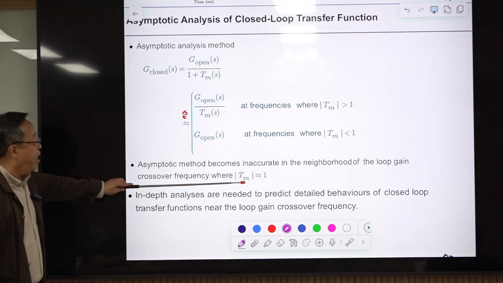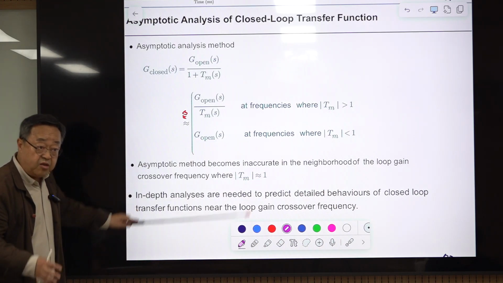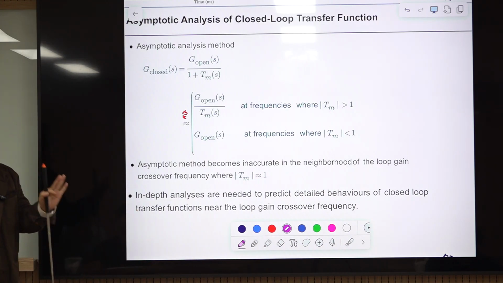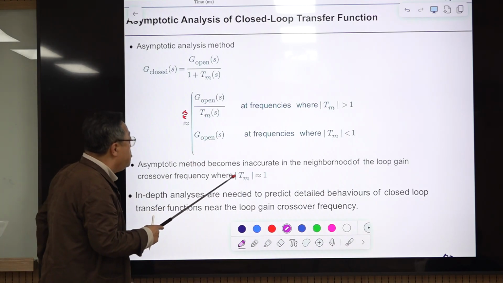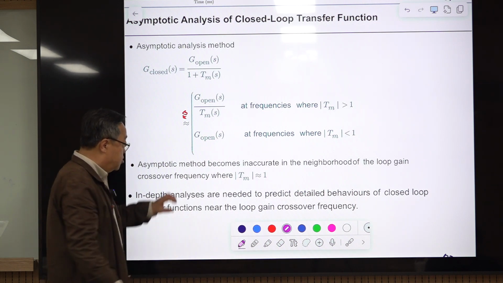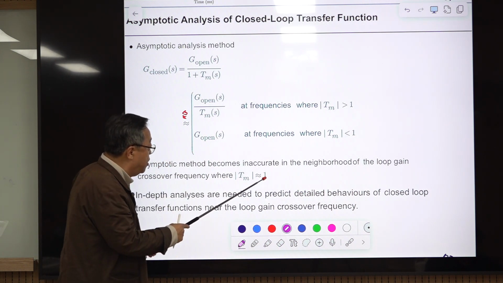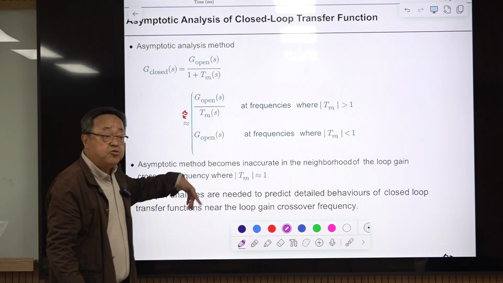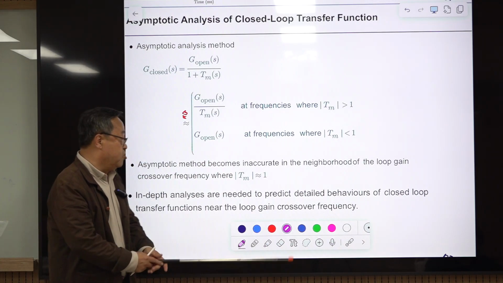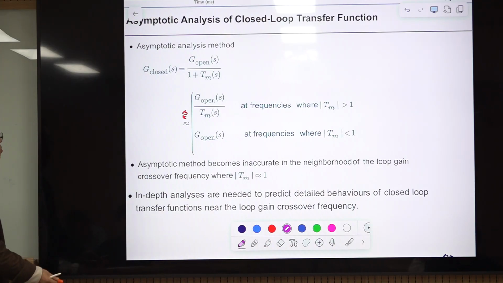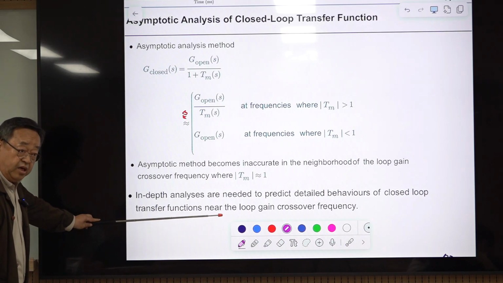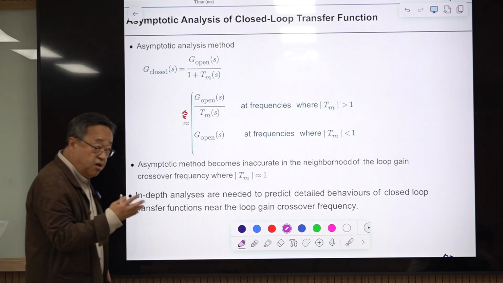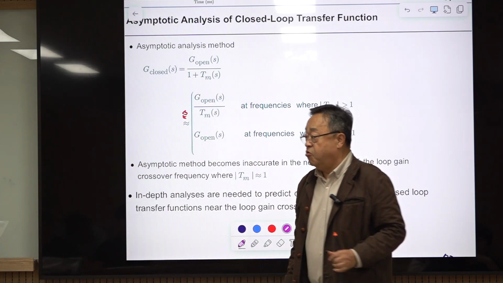By definition, the magnitude of the loop gain is 1 at the loop gain crossover frequency, and around that frequency region, the loop gain magnitude is slightly larger than 1 and slightly smaller than 1, so there should be some accuracy problem. So we want to investigate that. To predict that, the method we have taken is to analyze at the loop gain crossover frequency. So an in-depth, advanced analysis will be done.